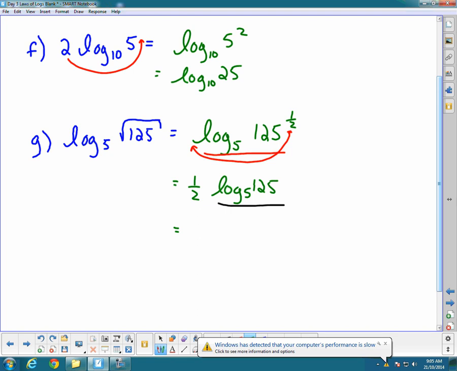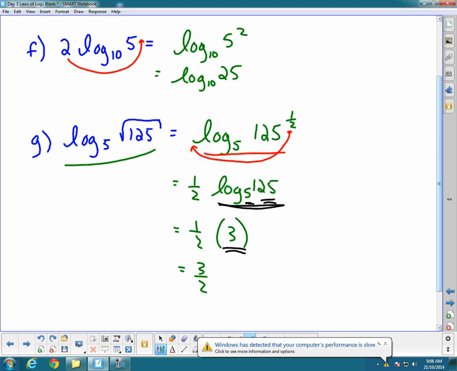I couldn't evaluate this one because it was a nasty number. But I've been able to change this and say, okay, this is just 3. Log 125 base 5 is 3. What exponent do I put on 5 to get 125? And now this is simple math. It's just 3 over 2, which is like 1.5, right?